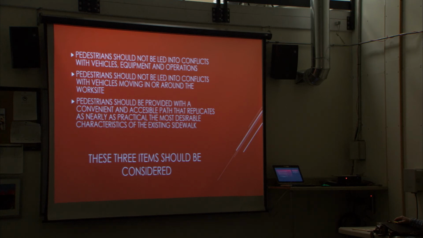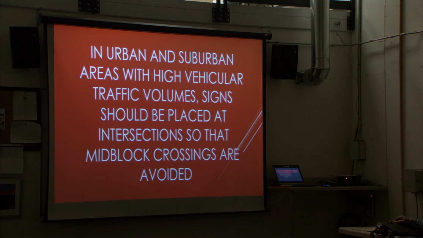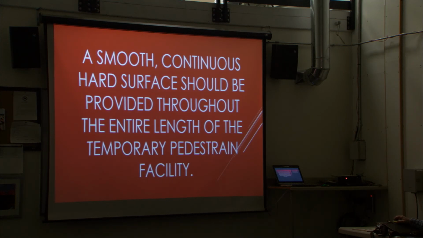That was one of the big things for them. In urban and suburban areas with higher vehicular traffic volumes, signs should be placed at intersections so that mid-block crossings are avoided. A smooth, continuous, hard surface should be provided throughout the entire length of the temporary pedestrian facility.